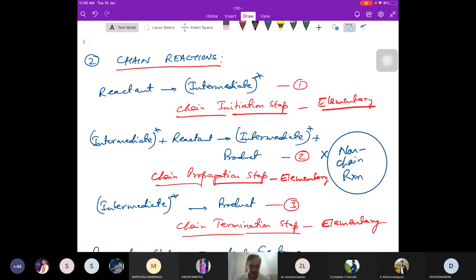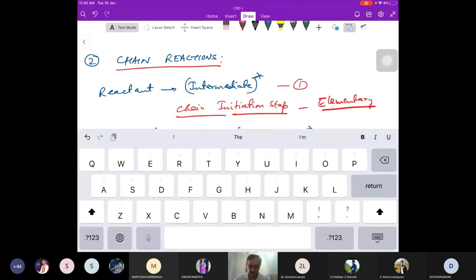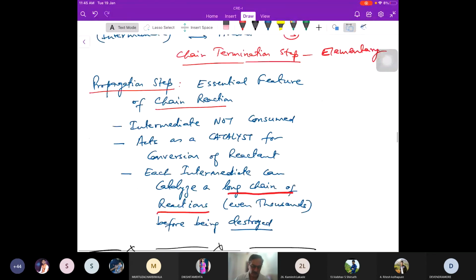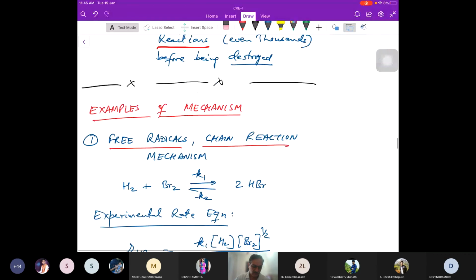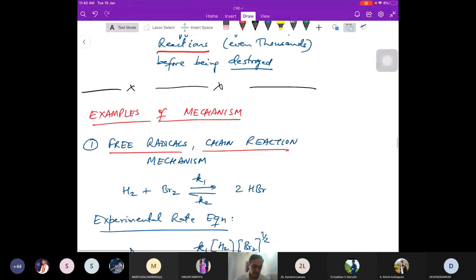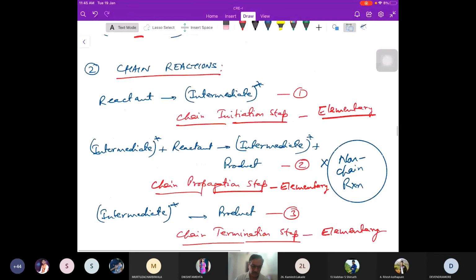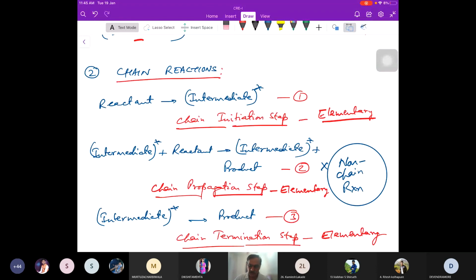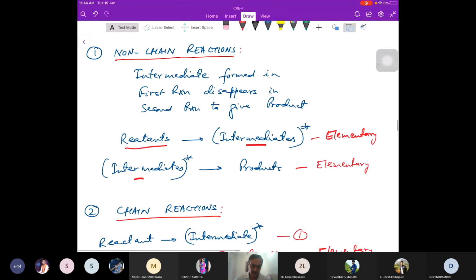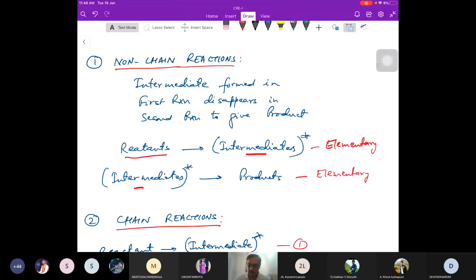Like in the chain reaction, there are 3 steps, and one of these steps is going to be rate controlling. When you look at the non-chain reaction, there are 2 steps, and one of these is going to be rate controlling.